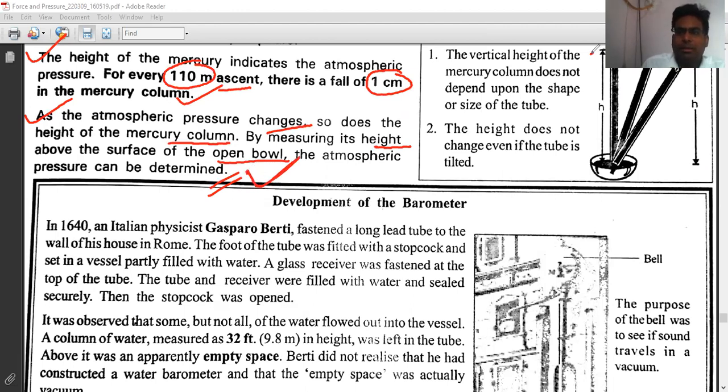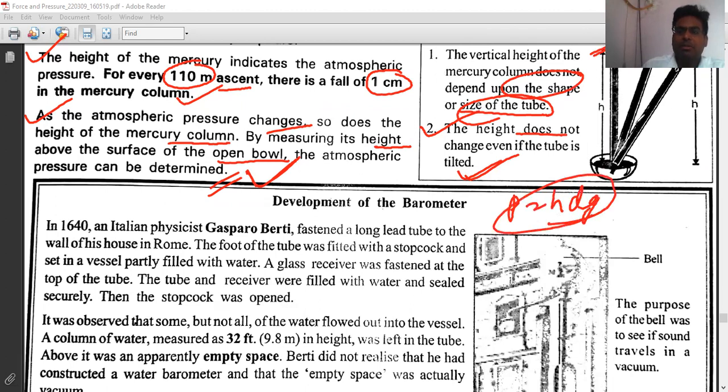Now look at this diagram. The vertical height of the mercury column doesn't depend on the shape or size of the tube, right? As we have discussed earlier, liquid pressure doesn't depend on the shape and size, right? The height doesn't change even if the tube is tilted because pressure is only hdg.